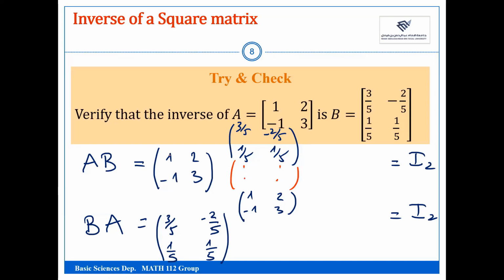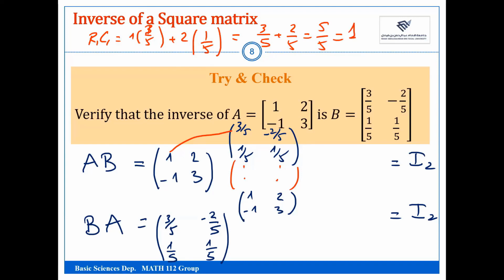Then for row 1 column 1: 1 times 3 over 5, plus 2 times 1 over 5, gives 3 over 5 plus 2 over 5, 5 over 5, so 1.